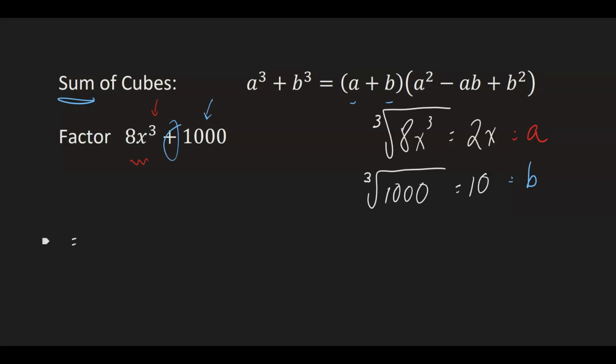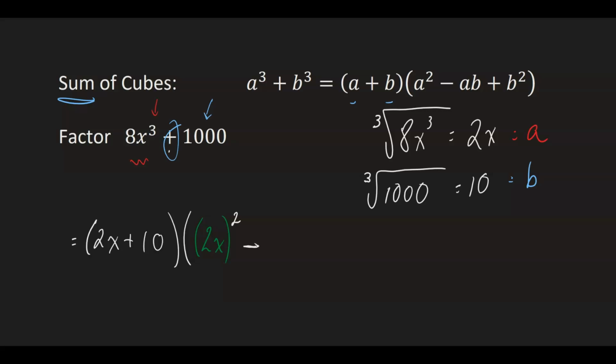So let's make this going to be 2x plus 10. It's a sum. And in the next one, let's do a different color bracket just to let it stand out, okay? 2x squared, that's our a squared.